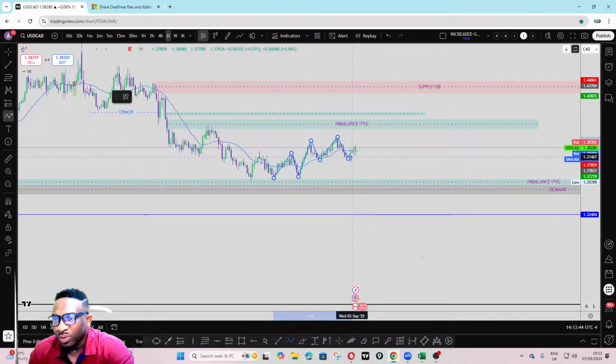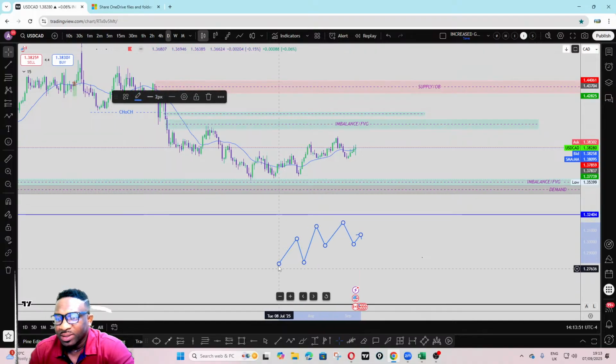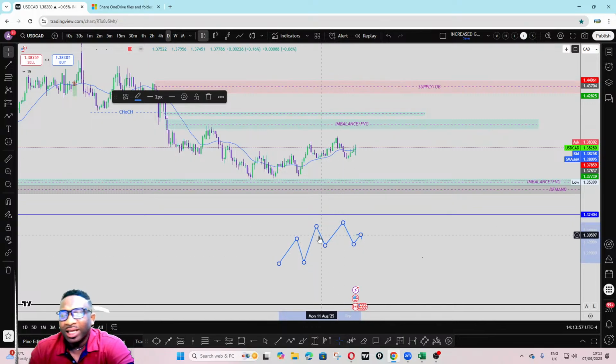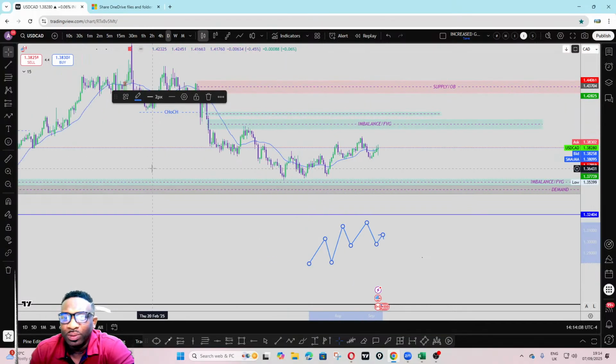So market is closed now, so currently this is where we are at now. So from this point on the daily, we can see that we're making higher highs, higher low, higher highs, higher low. So that is a characteristic of an uptrend. So hopefully we're going to have this push up to this point as we have marked on here on USD CAD.